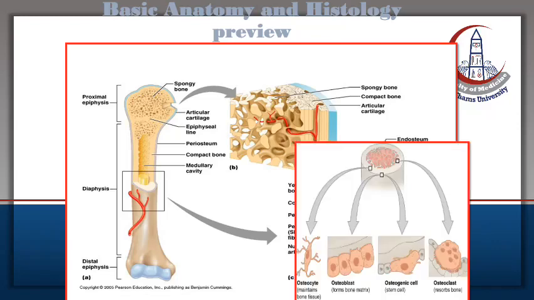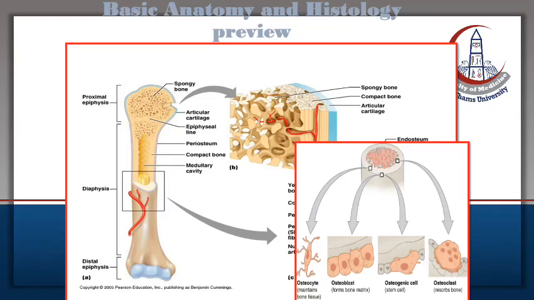The major cell component of the bone is formed mainly of osteogenic stem cells that are the precursor for the osteoblast.